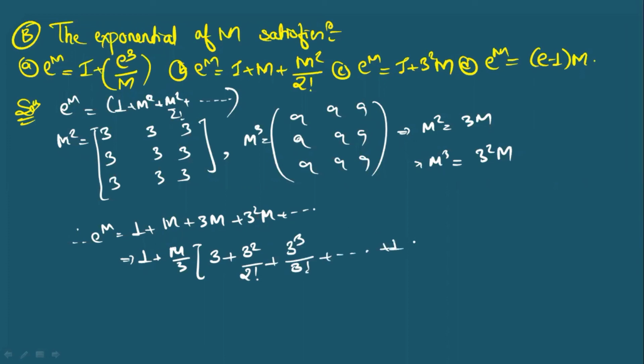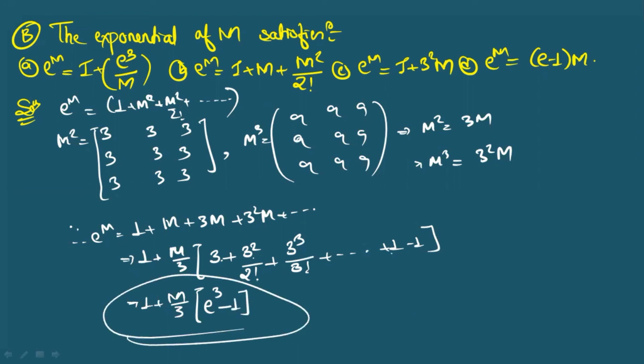And I'm writing here 1 minus 1, so that it is 1 plus M by 3 times the series 1 plus 3 plus 3 square by factorial 2 and so on. This is the series of e to the power 3, and here you get 1 minus 1.